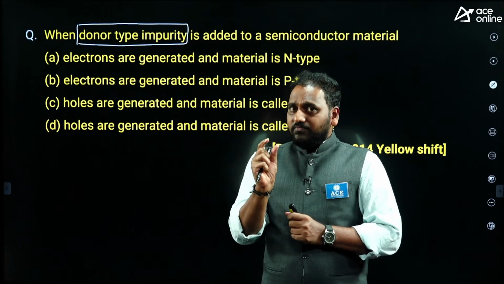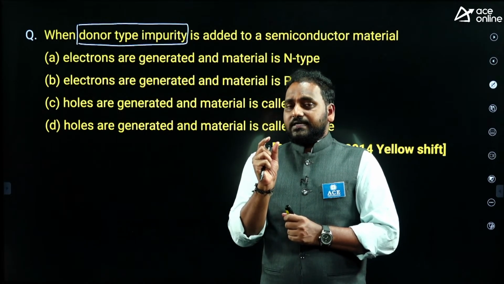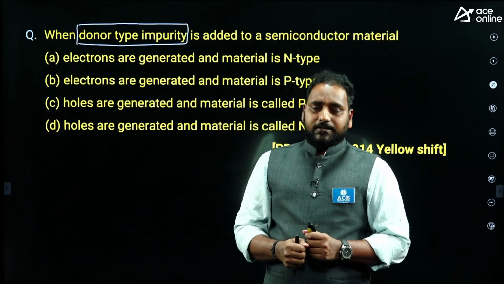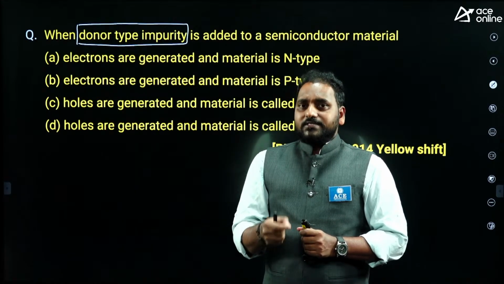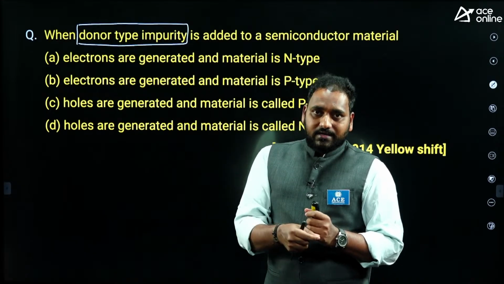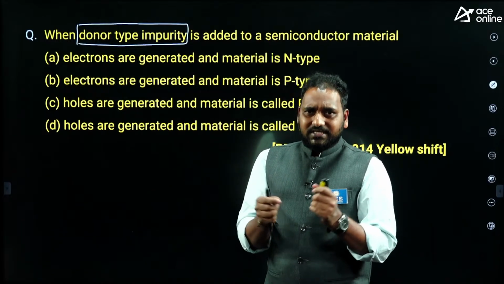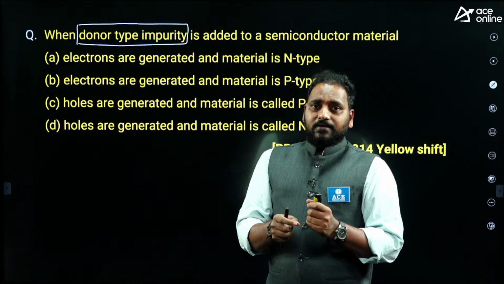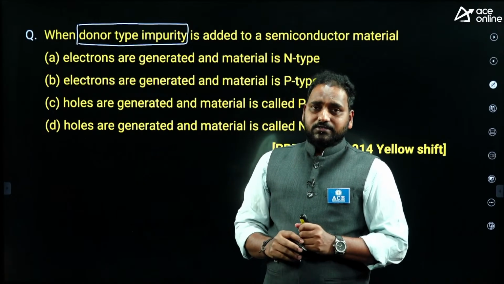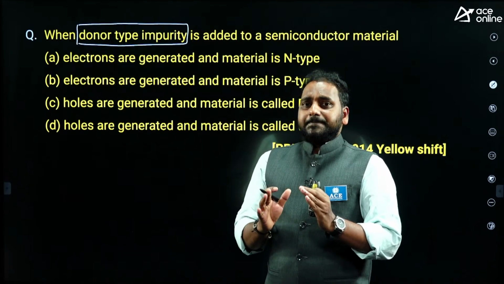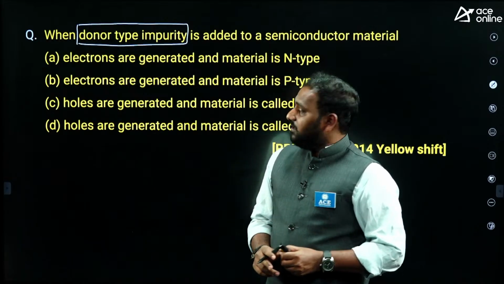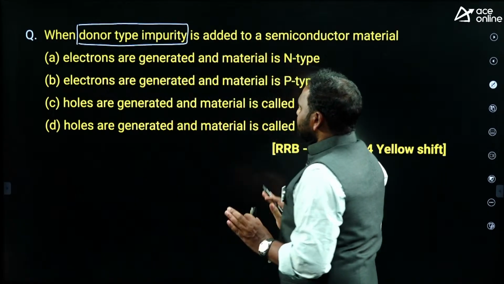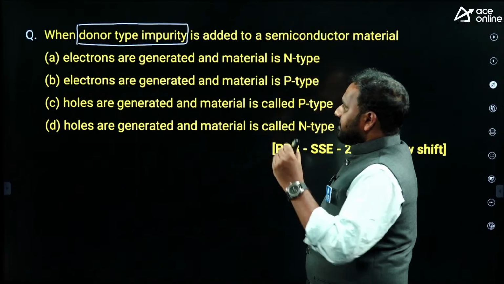That electron will be released and enters a new energy state. Then the impurity atom we are adding becomes a positive ion. The positive ion is also called a donor ion. The number of donor ions per unit volume is the same as the number of positive ions. This is the story in an N-type semiconductor. So when donor type impurities are added, what will happen, he is asking. Electrons will be generated.